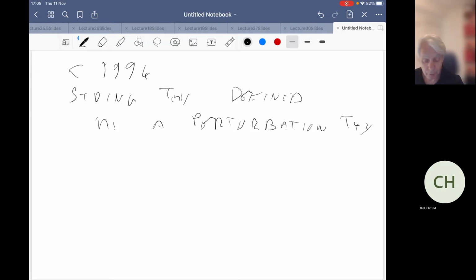And it gave a very nice picture, and it turns out there were 5 different distinct perturbation theories, all of which seem to give consistent theories.